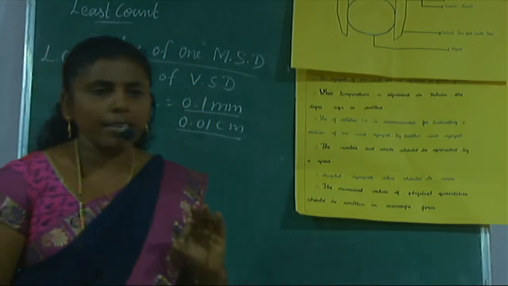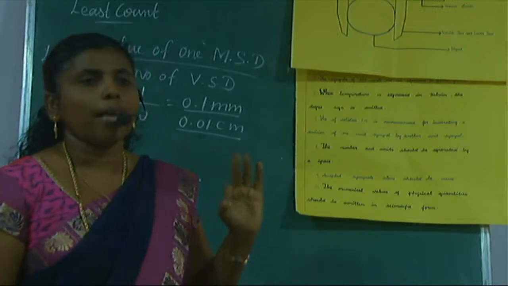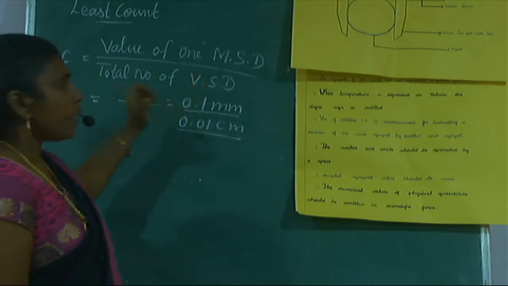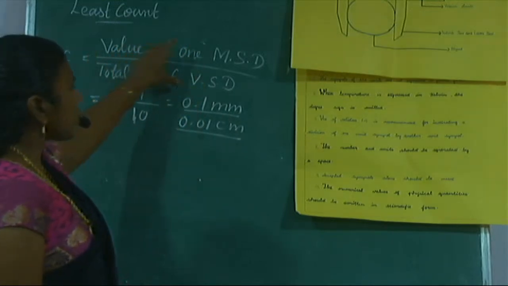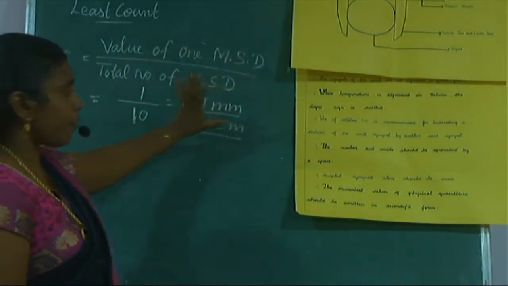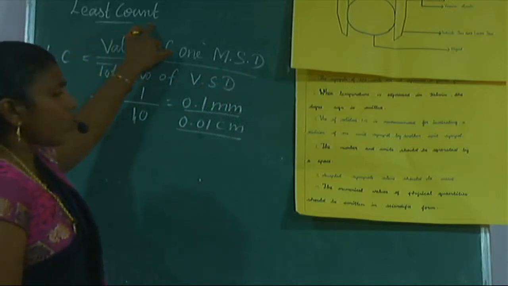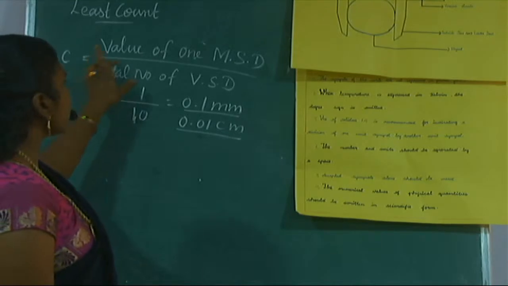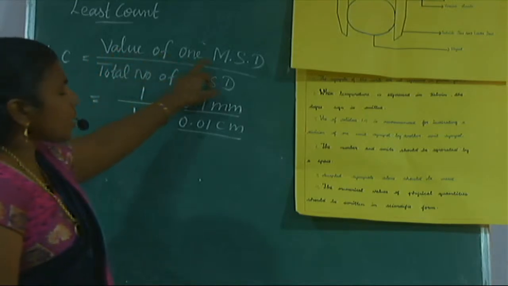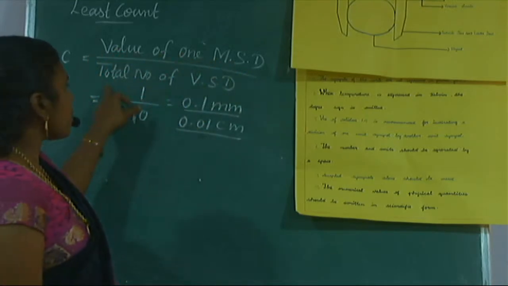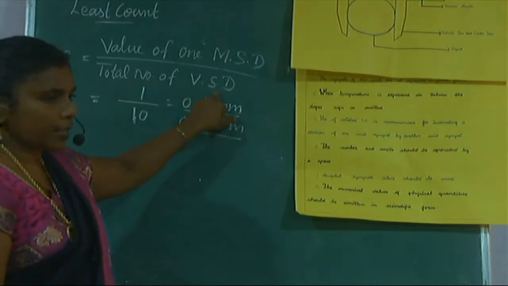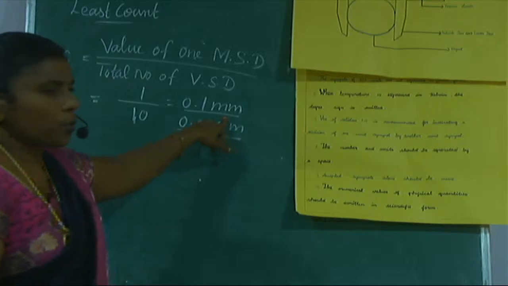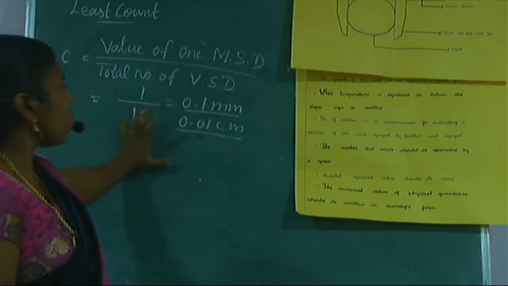So in this vernier caliper, first you have to calculate the least count by using this formula. By using this formula itself we can write the definition: least count of the vernier caliper is the value of one smallest main scale division to the total number of vernier scale divisions. Then you have to write this value, 0.1 millimeter. This much you have to write.